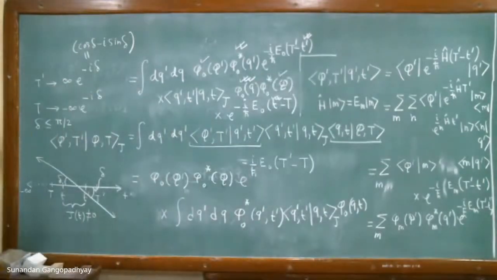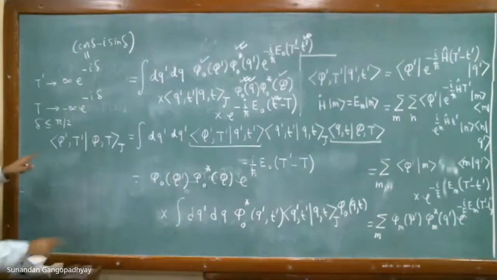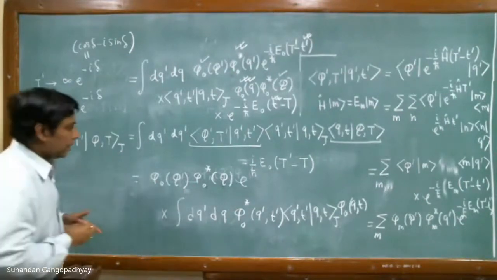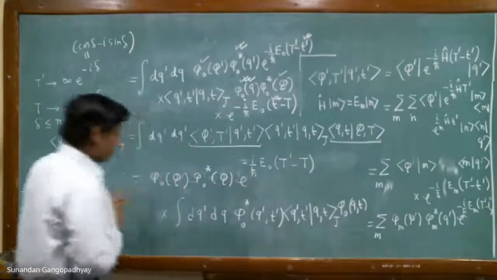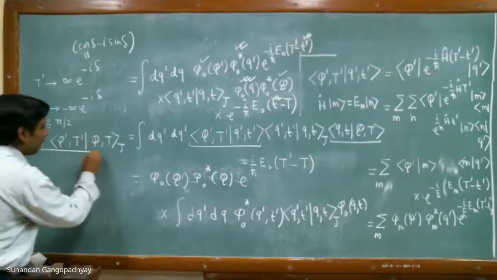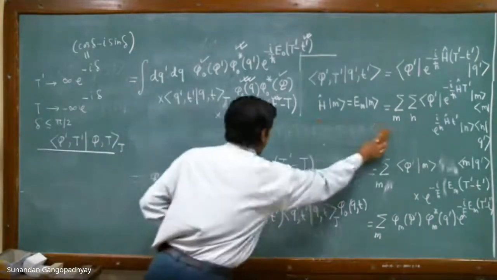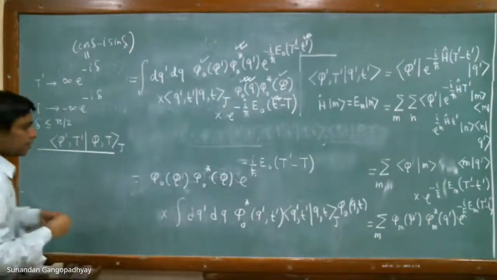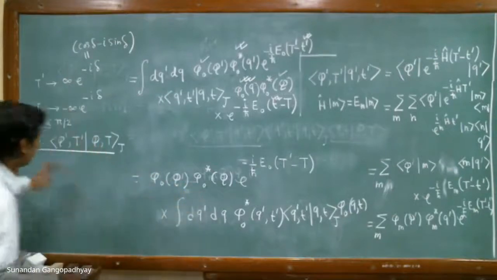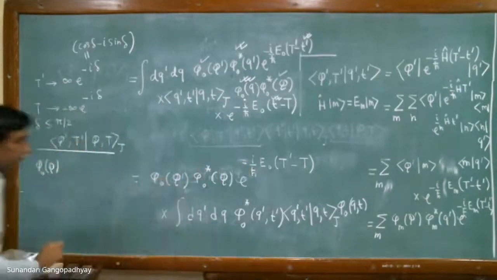And now we are almost done. You remember the earlier expression. This object is basically equal to this object. And now we just rewrite it in a different form. So you just divide this factor by this factor. See, all these things are basically numbers.